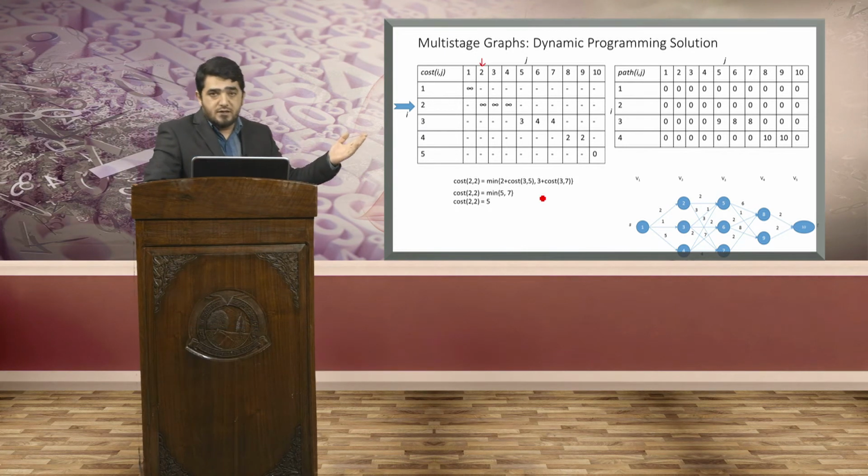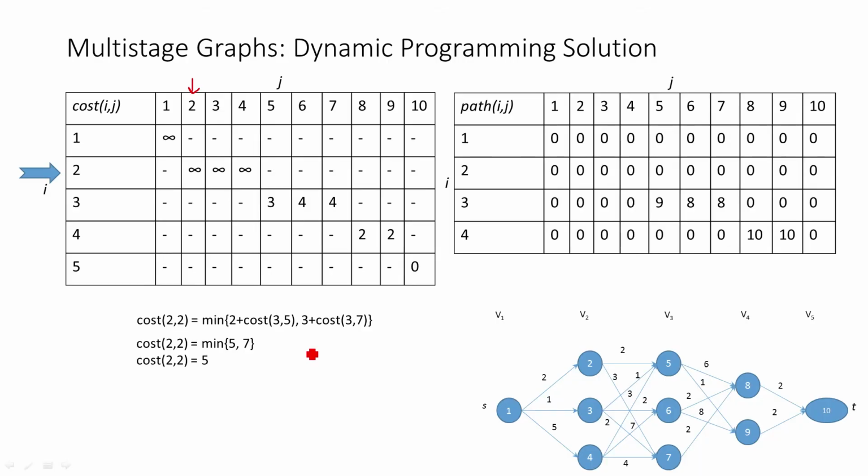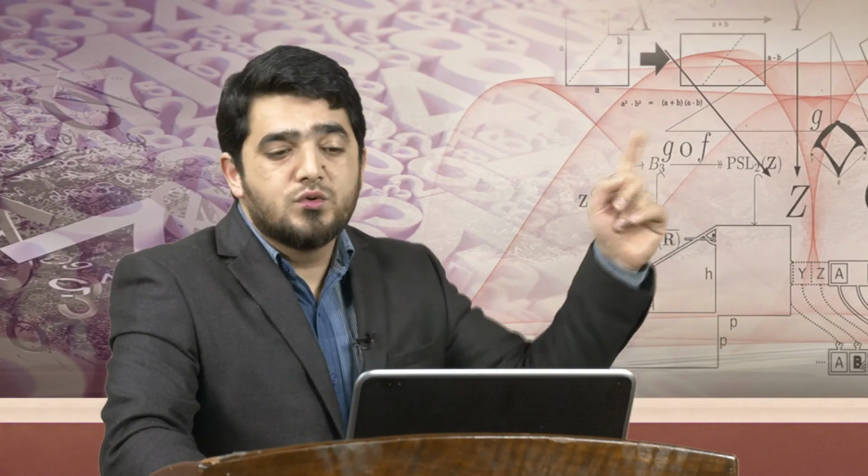If you solve it, we'll see that the best way to go from node number 2 in stage number 2 to the final destination is to choose node number 5 in the next stage. The cost of that particular choice or path is 5. We'll store that in the cost array for node number 2, stage number 2, and we'll also store node number 5 in the path array for node number 2, stage number 2.